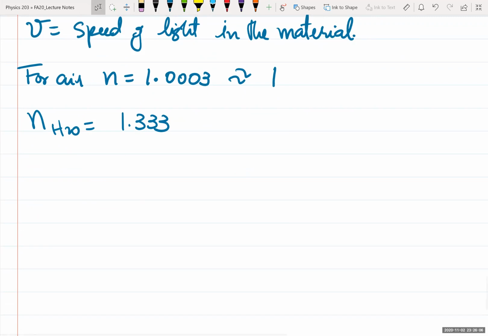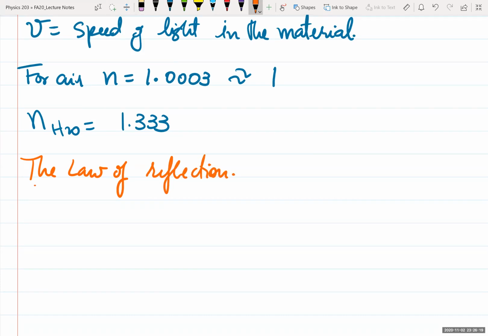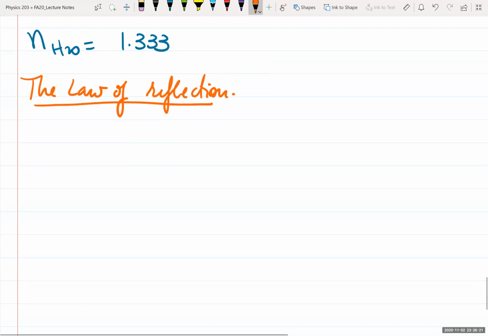Okay, our next topic here is the law of reflection. It's a very simple law.